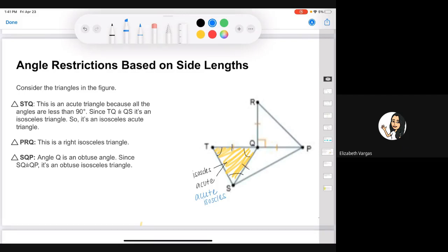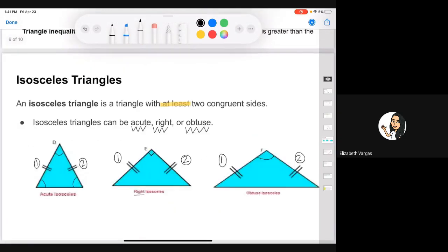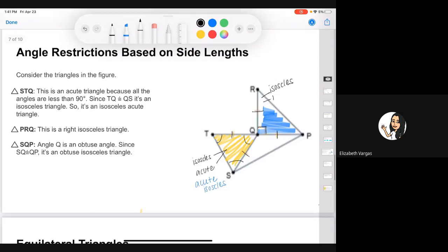Let's look at PRQ. What do I notice? It has at least two congruent sides, so it's isosceles. And it has a right angle, so it is a right triangle. And so therefore, it is a right isosceles.